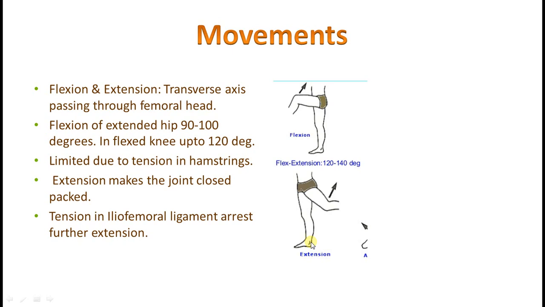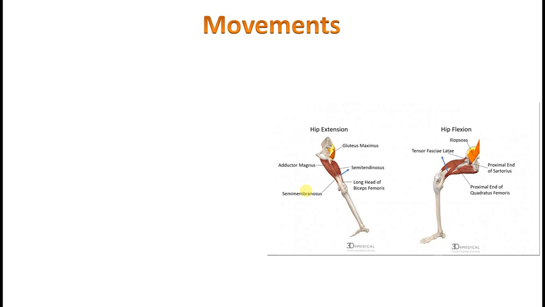You cannot say nil, but there is very minimal chance of dislocation during extension when you are standing. Hyperextension of 10 to 15 degrees is possible, but beyond that the tension of the iliofemoral ligament prevents hyperextension.